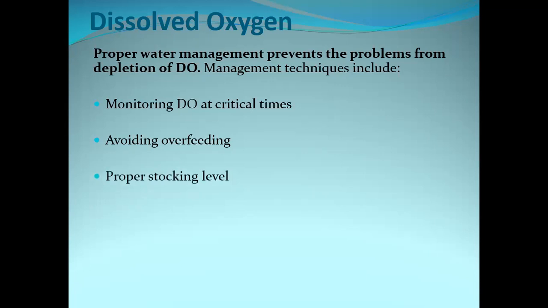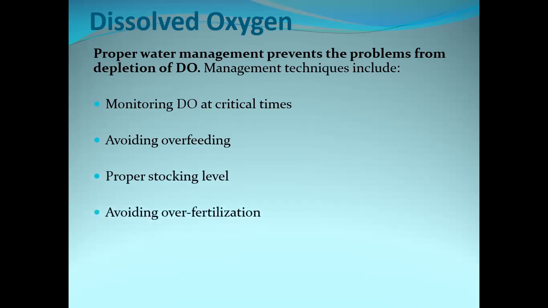Always maintain proper stocking density as well, right? Within your system, if you overstock your tanks, then you have more fish than the system can maintain. Dissolved oxygen can only become so concentrated within a standing body of water. It can't go beyond a certain amount. And if you overstock fish, then the system itself wouldn't be able to provide that amount of oxygen.